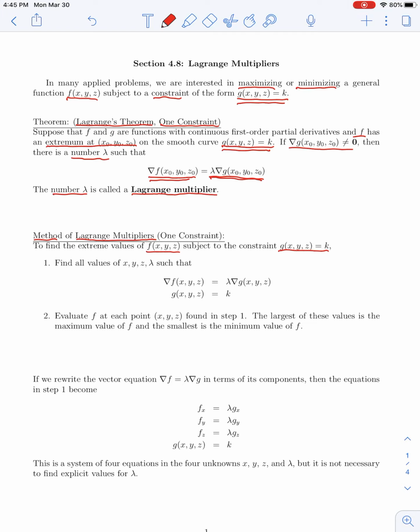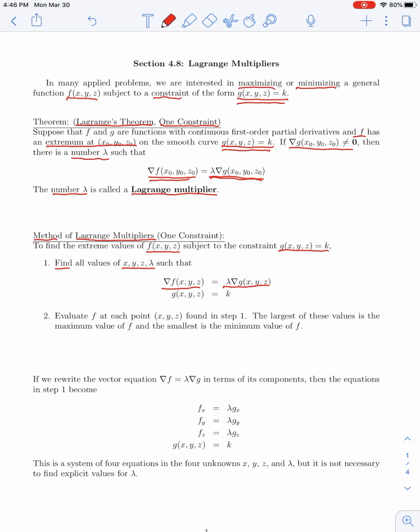So here's what it says. If we're trying to find the extreme values of a function of 3 variables subject to some constraint of the form g(x, y, z) equals a constant, we will first find all of the values of x, y, z, and lambda such that the gradient of f is equal to lambda times the gradient of g.